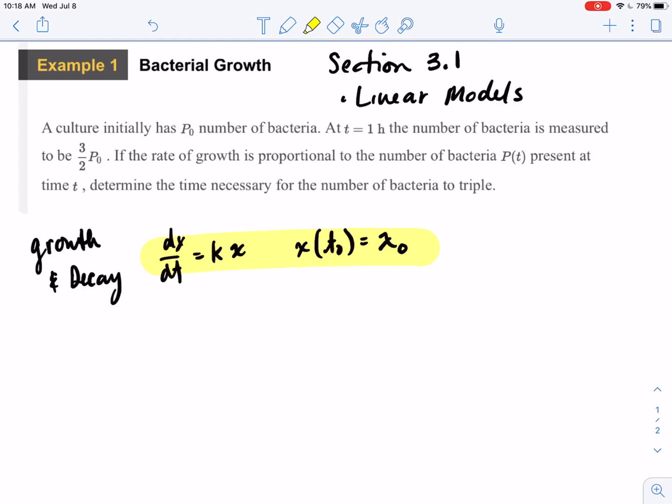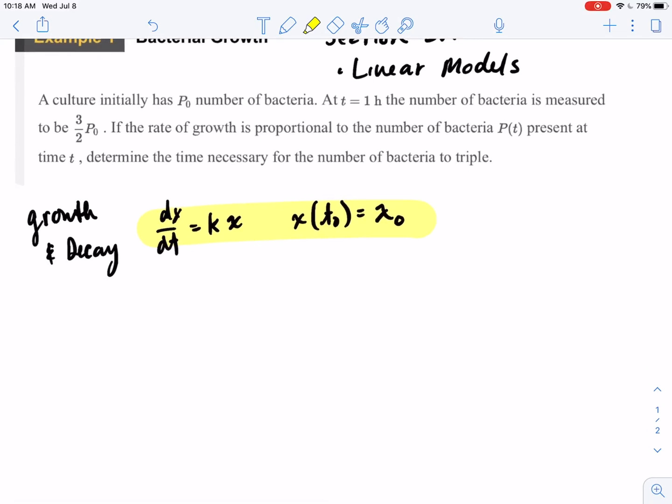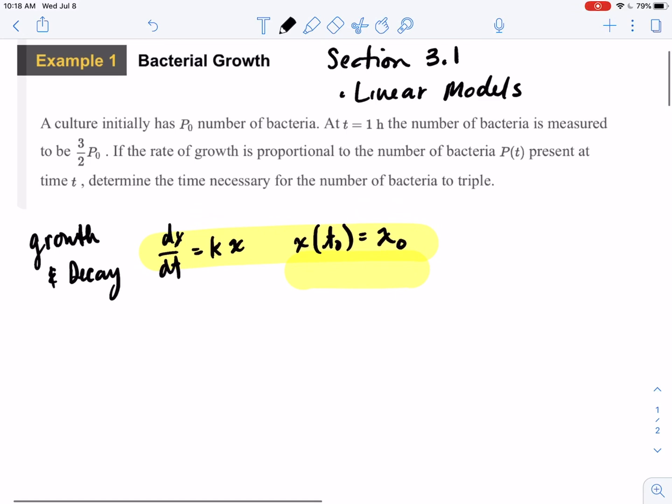Okay, and here's the first example. So one thing with this, this statement here has to do with your initial value. So whatever they're giving you, and you could see even in the word problem, they say time equals 1. The number of bacteria is measured to be 3/2 of the initial value. So you got to look at notation as what they're given.